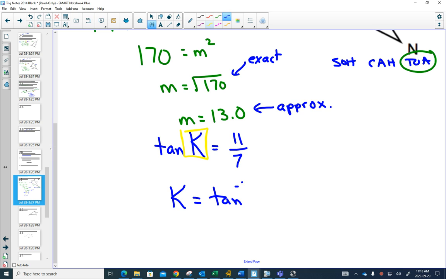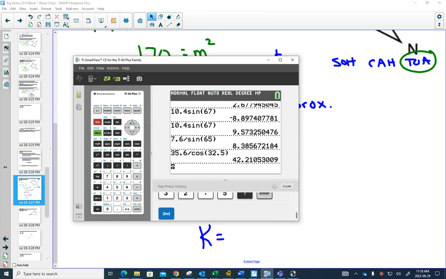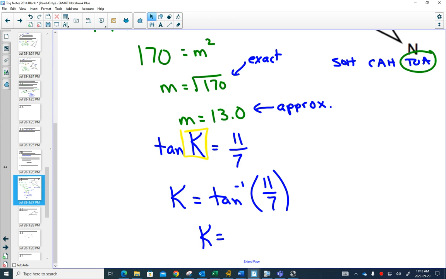Tan inverse of 11 over 7. Go to my calculator, go second tan 11 divided by 7, 57.5 degrees. And that is rounded to the nearest tenth.